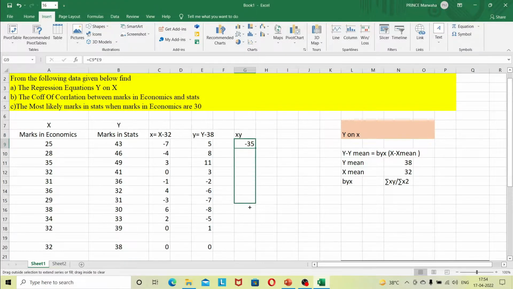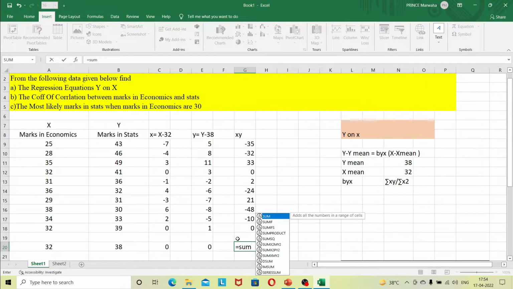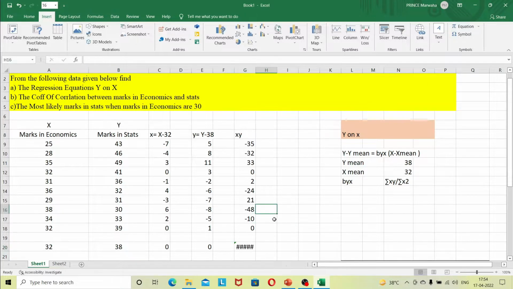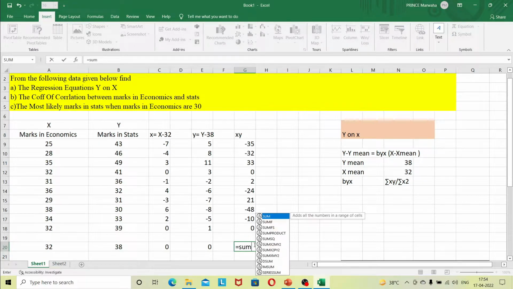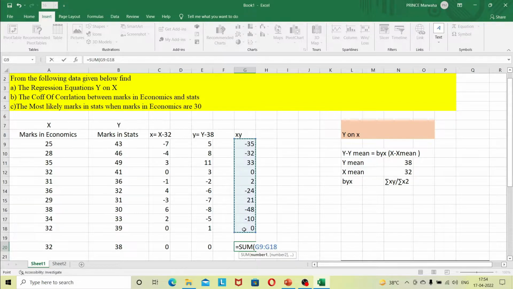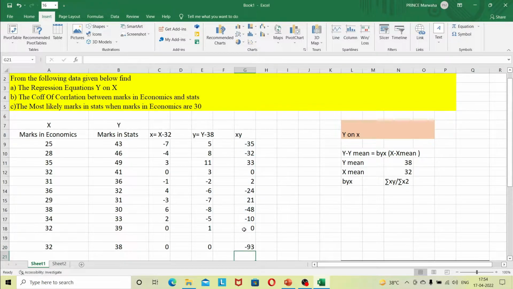In the same way we can calculate all the values, and at the last we calculate the sum of the variable xy. So the total is minus 93.